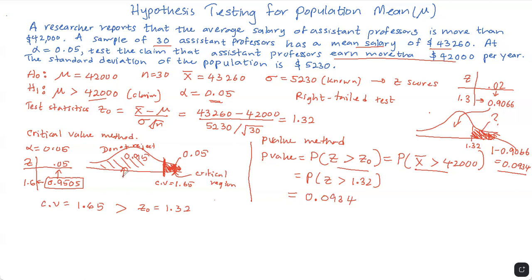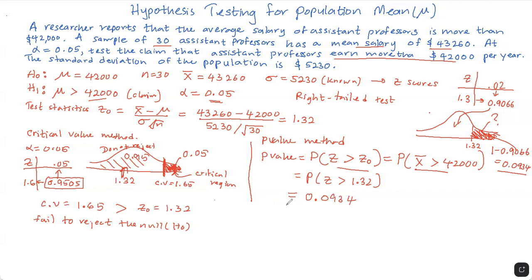That is, my test statistic value falls in this region around here, 1.32, because 1.32 is less than 1.65. So the decision is we fail to reject the null, which is H naught, according to the critical value method.